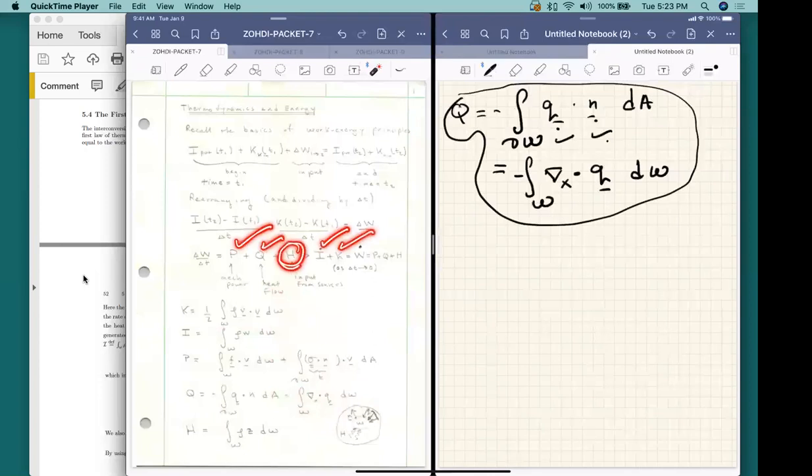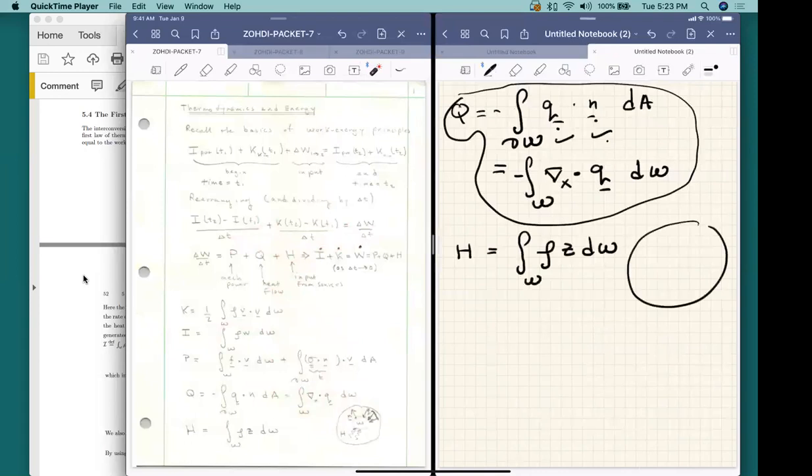We have one last thing remaining, which is H. And that one's going to be a pretty easy thing to characterize. We're just going to write this as the amount of energy that is added as a source term. We'll use the symbol Z times the little differential volume integrated over it. If we're thinking about the control volume, all that's saying is there's a certain amount of energy that is added by some mysterious source to each of these points.